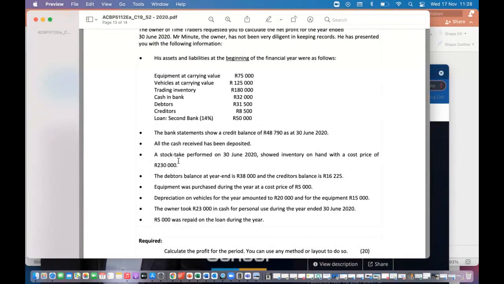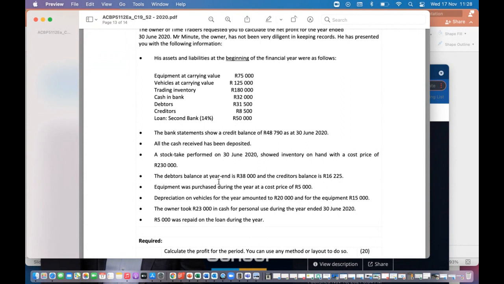Then it goes on to say, a stock take performed on 30 June 2020 showed inventory on hand with a cost price of 230,000. So there's your inventory at the end of the financial period.